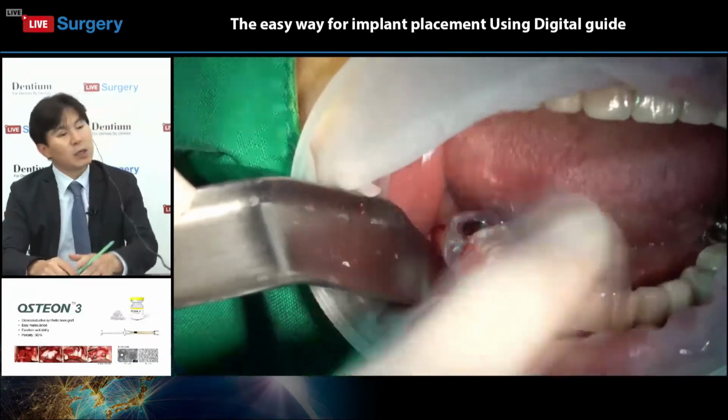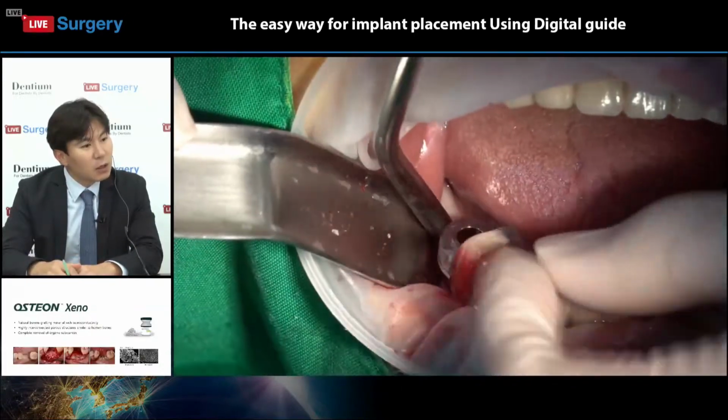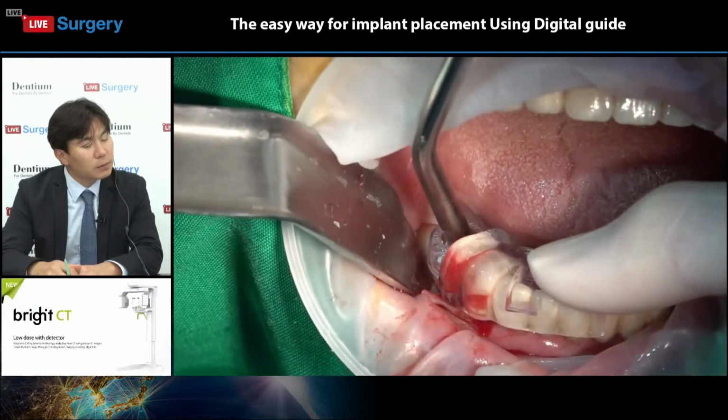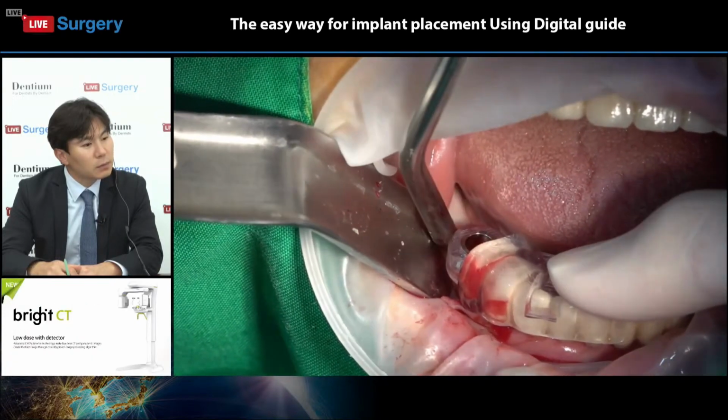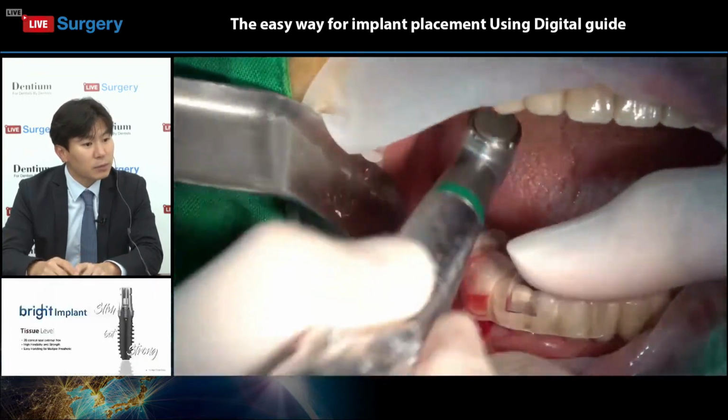And you can see there is some circular defect. And this guide is also a partial guide.